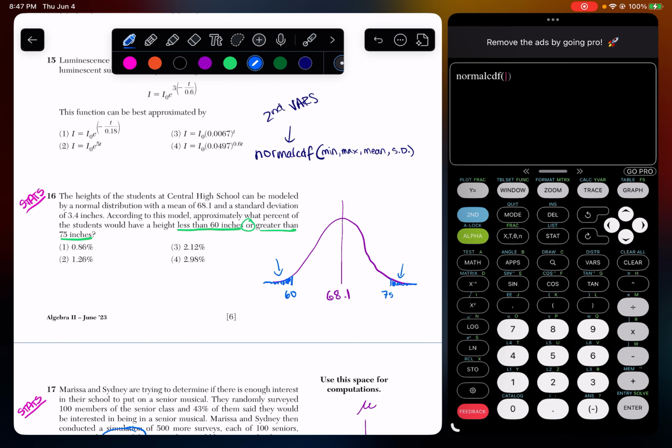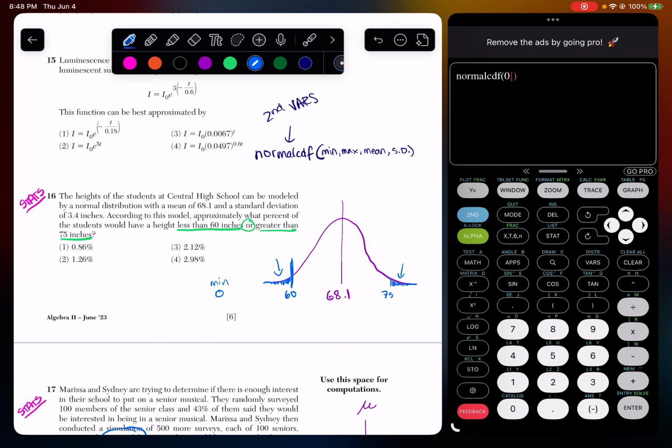For this question, we have 2 intervals that we're going to need to add together, so we're going to need to do this twice. Over here, I want people who are less than 60, so that means 60 is my max. For my minimum, I'm just going to put something that's arbitrarily low because I want everything below 60, so I want to put something tiny. I'm going to put 0. There's no one who has a height less than 0, so I'm making a really tiny number my minimum.